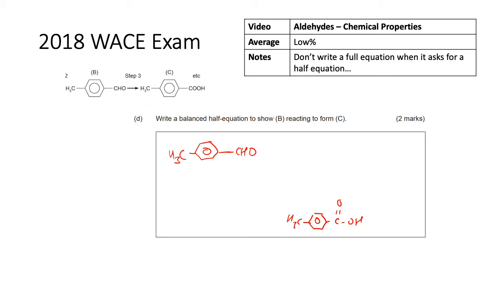All right. And so what have you got to do? You've got to add a water onto this side. You got to add 2 hydrogens on this side, and then you got to add 2 electrons on that side, and then you can draw an arrow going from there to there.